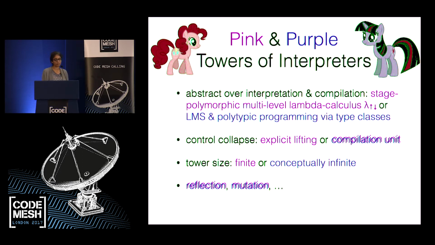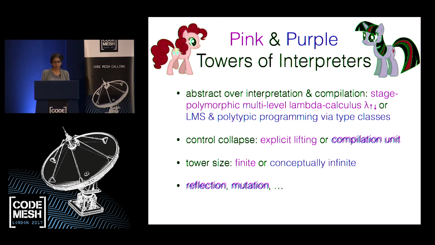So Pink is a little bit more dynamic, and Purple is a little bit more static, because Purple is relying on the staging driven by types in Scala, and Pink is really relying on doing the staging dynamically by dispatching on whether you have code or not.